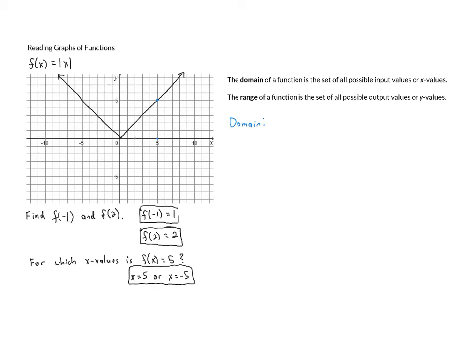And 2 is in the domain because 2 also is a value that gives us a point on our function. And if we look at the part of the graph that lies in between these 2 points, and we look at the corresponding x values, those fill in all the points between 2 and 5.